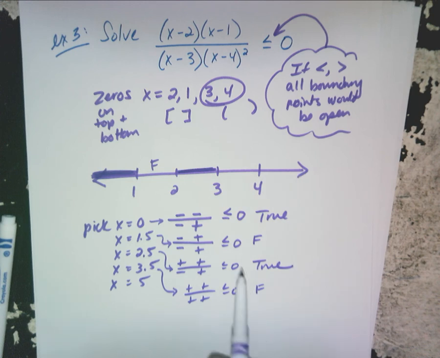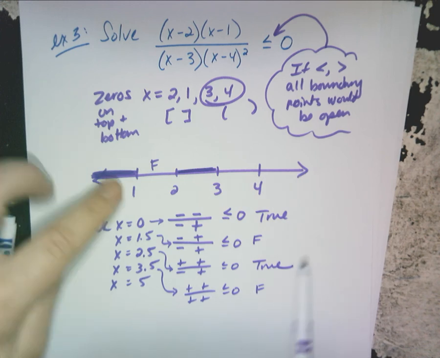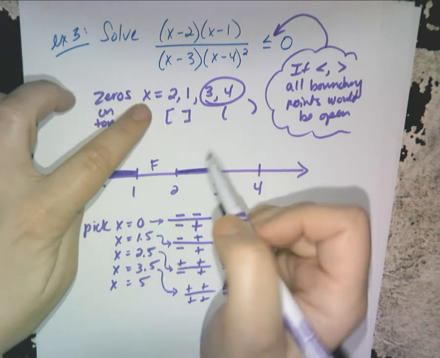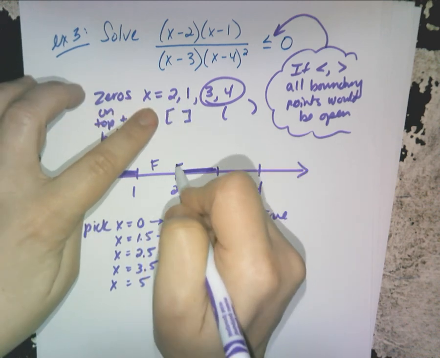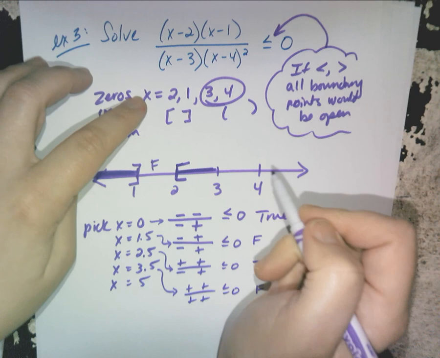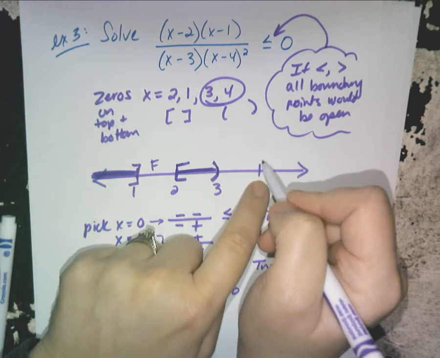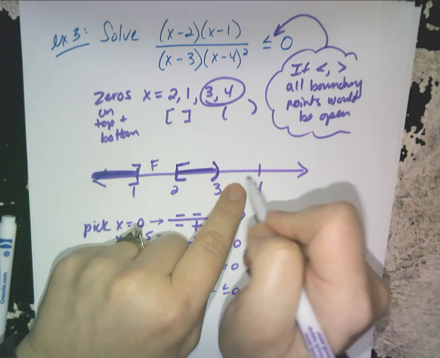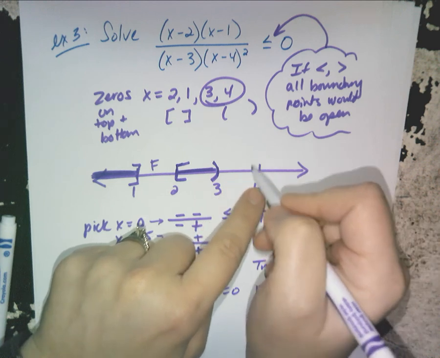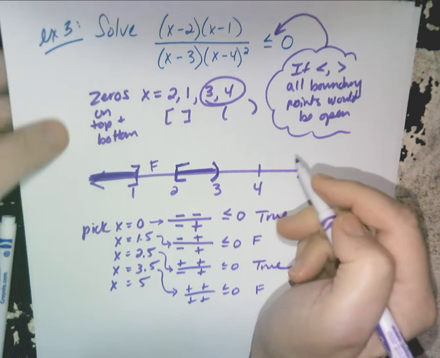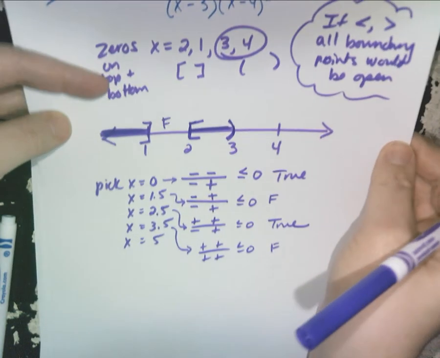So, okay, now how am I going to write this? Well, at 2 and 1, you need to have brackets. So you need to have a bracket here and a bracket here. At 3 and 4 are parentheses. Because 4 is a parenthesis and nothing happened after 4, I really don't need to put a parenthesis there. It just wouldn't be a part of my solution.